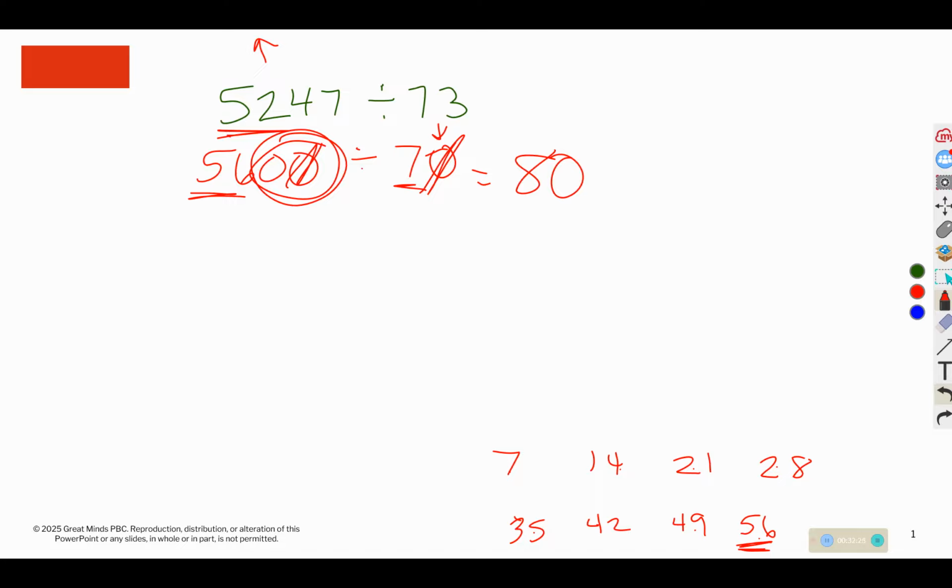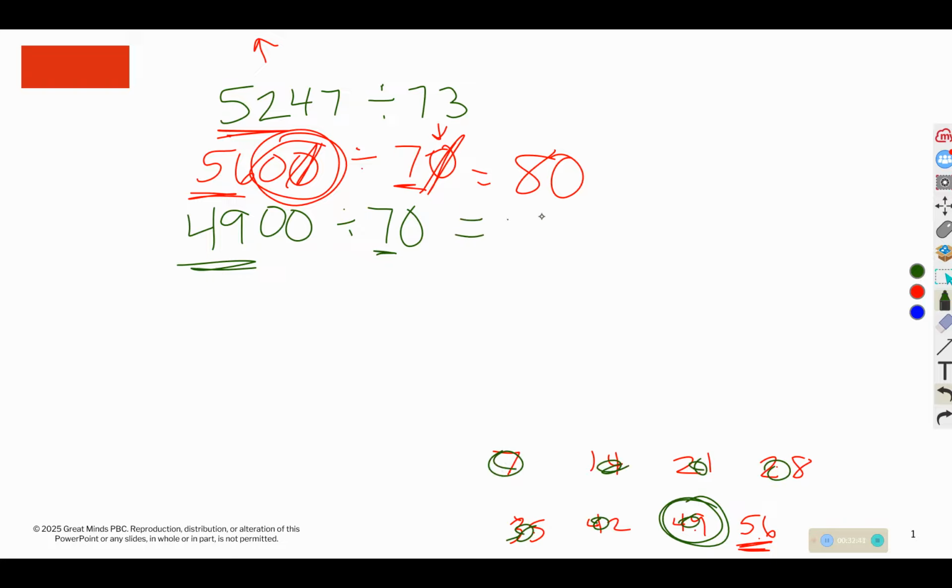You could also write it as 4,900 as your approximation, divided by 70. Well, 49 divided by 7, that's the 1, 2, 3, 4, 5, 6, 7th one. And we have 2 zeros, but we're dividing out a 0. So it could round to 70.